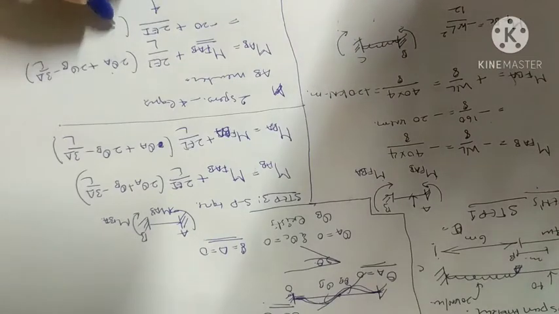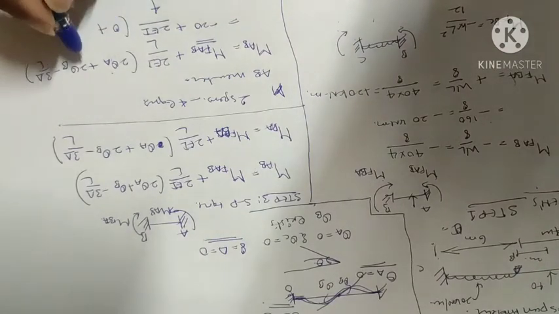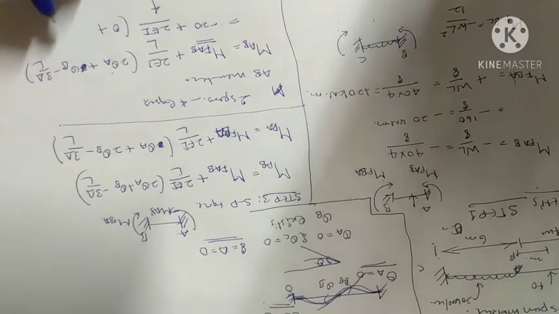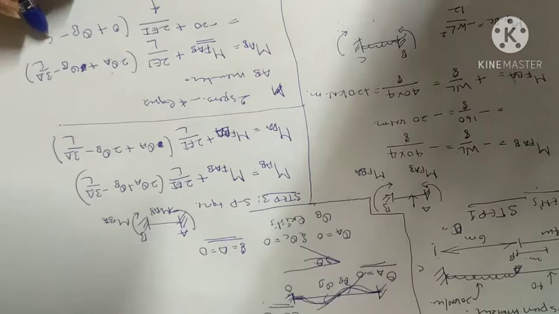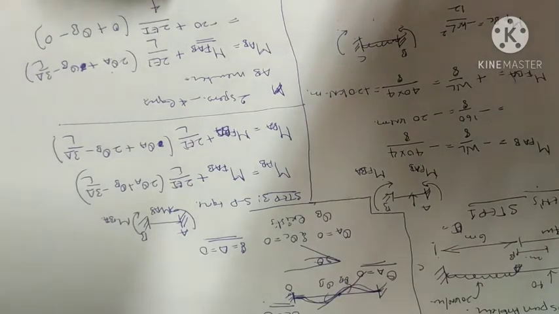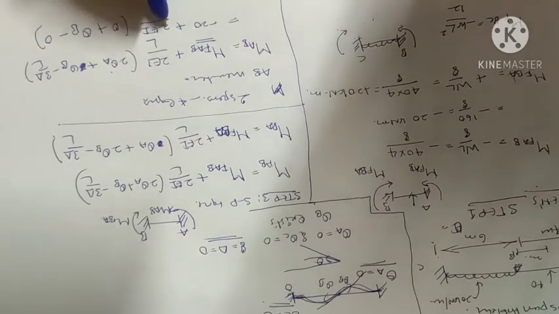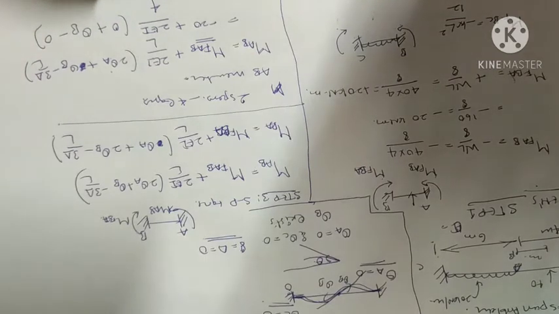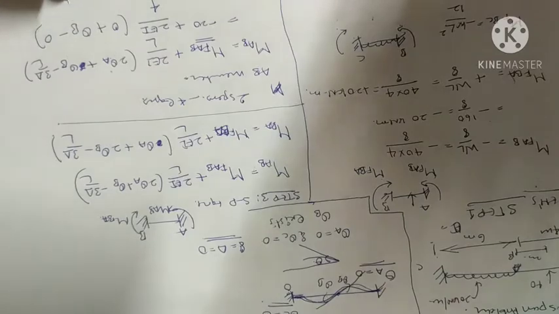Theta A is 0, and theta B is the only term, with delta 0. So the equation will be minus 20 plus 2 ones are 2, 2 twos are 4, so 1 divided by 2 is 0.5 EI theta B. This is equation 1.